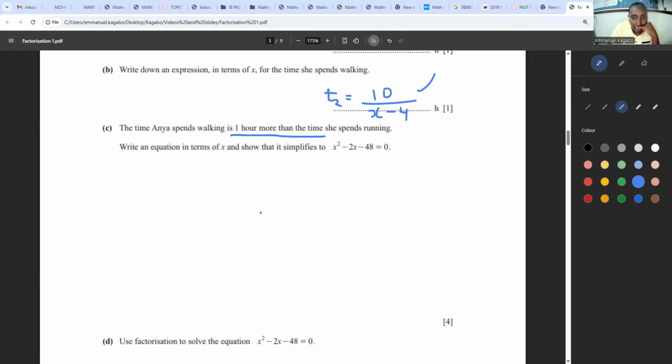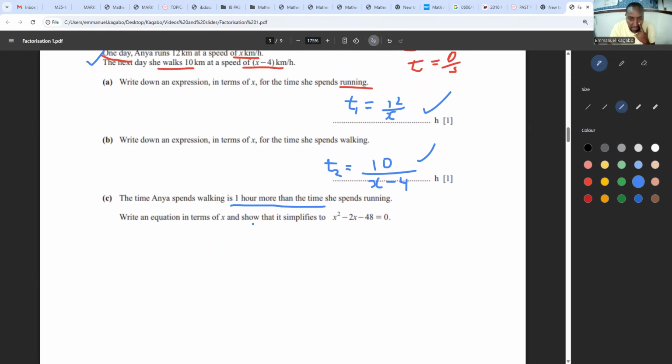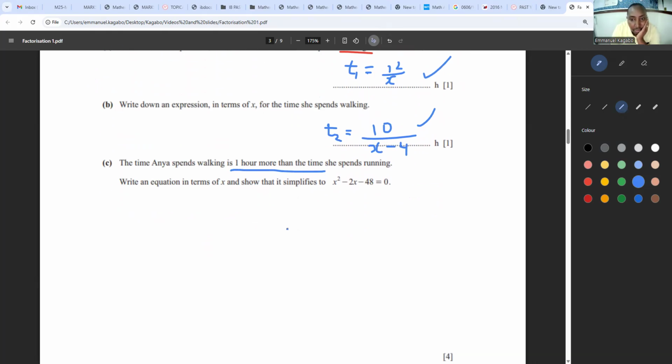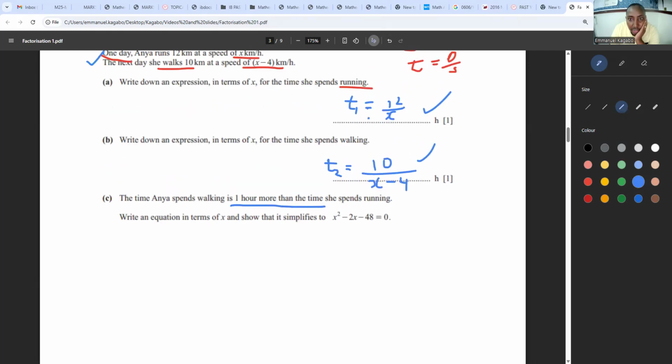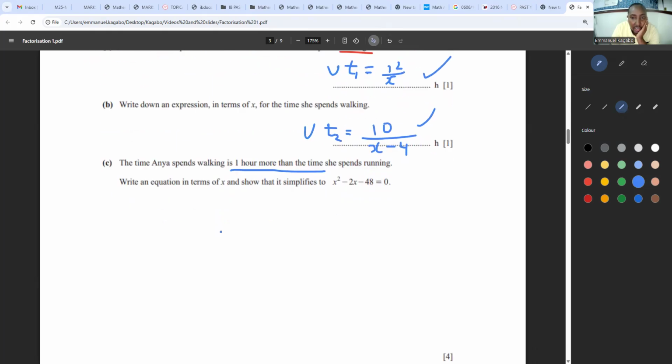So that means I have to get the difference of time. So this is 12, you see my times here and my times here.